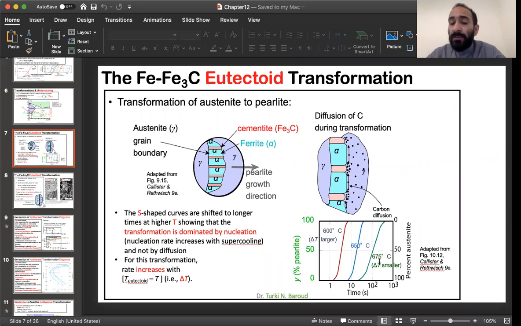Also, the main difference is that at lower temperature, with larger delta T, the nucleation of the new phase is going to start much earlier compared with higher temperature. So the new phase first nucleates, and then it starts to grow to consume the mother material. For example, pearlite is going to grow to consume gamma austenite.